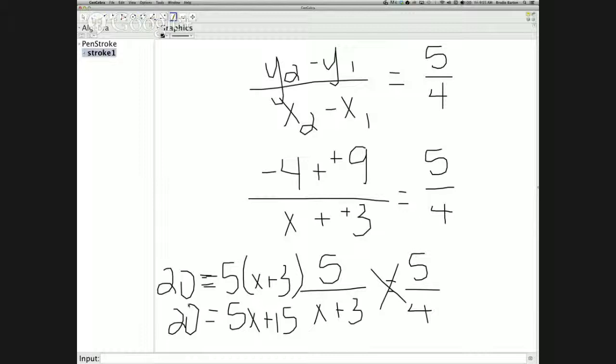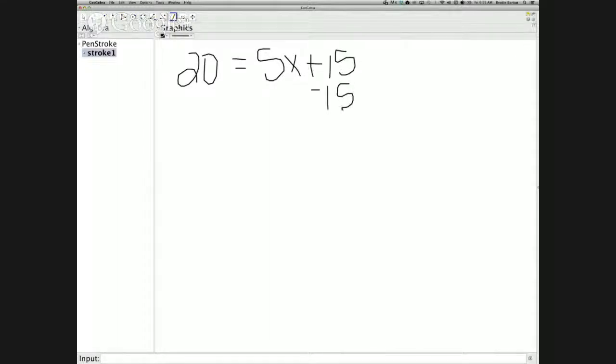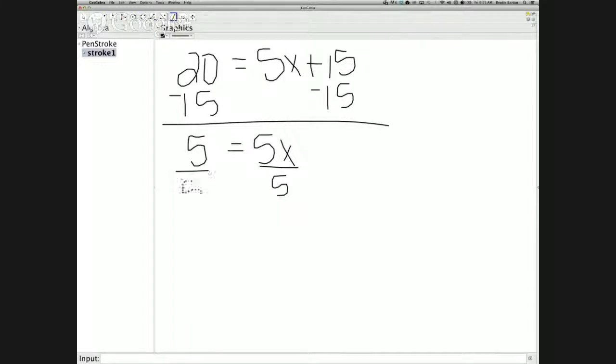I've run out of room, so I'm going to rewrite that, 20 equals 5x plus 15, and solve from there. Subtract 15. 5 equals 5x. Divide by 5. X equals 1, which is what I got when I did the other way. Okay? And then lastly, I'm going to do it graphically.